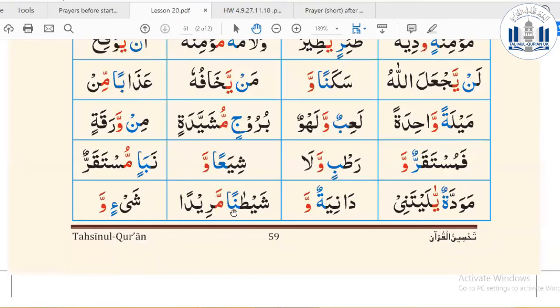Shaitanamma. Shaitanamma. Marida. Well done. Excellent. Really nicely read. A1193, Jazakumullah for your help. Jazakumullah. Okay, let's move on to another student.